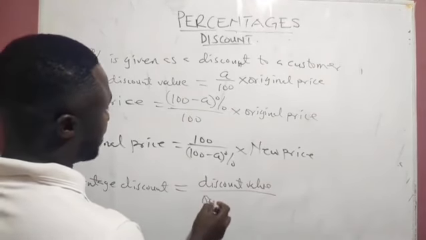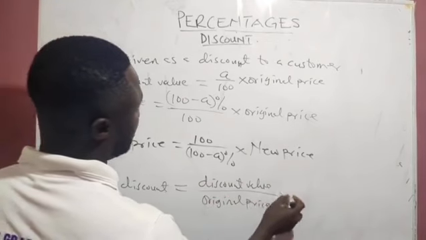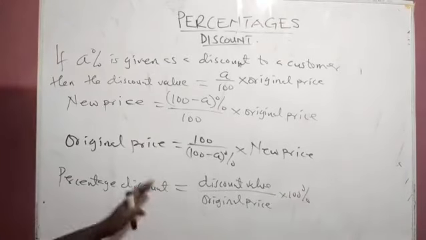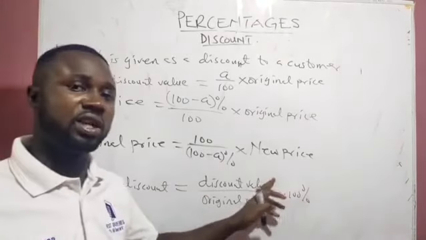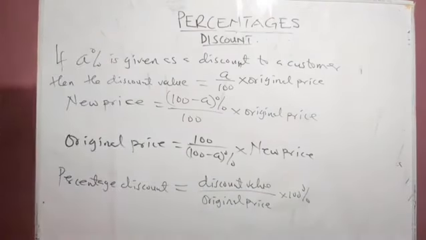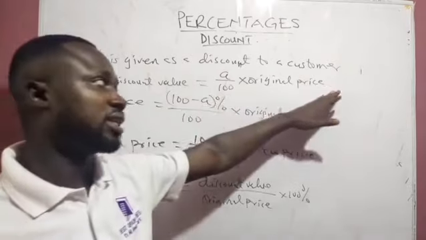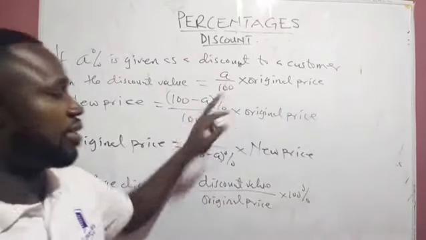The original price, times 100%. So my percentage discount is the discount value divided by the original price, then you multiply by 100%. Alright. So the discount value is whatever discount you are giving, over 100 times the original price, because the original price corresponds to 100%.